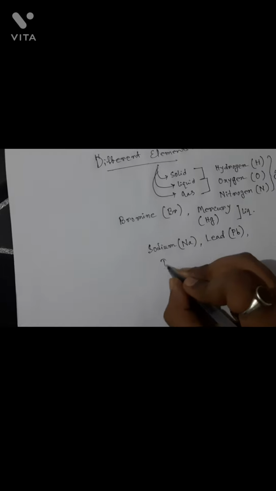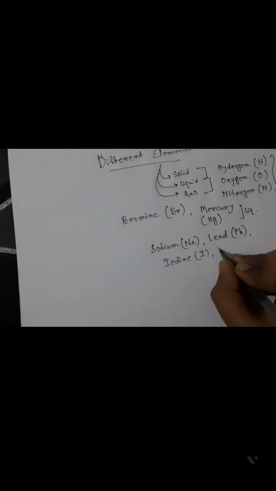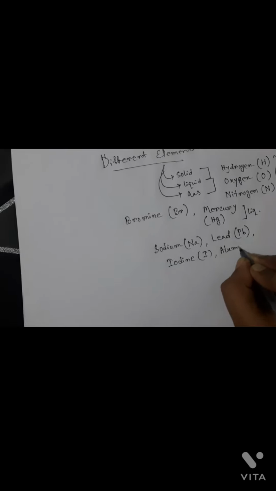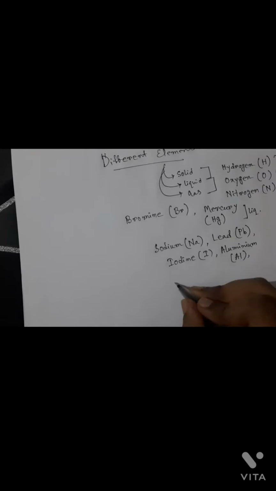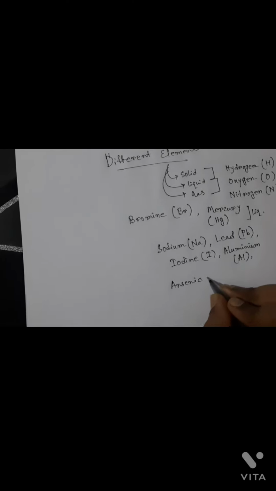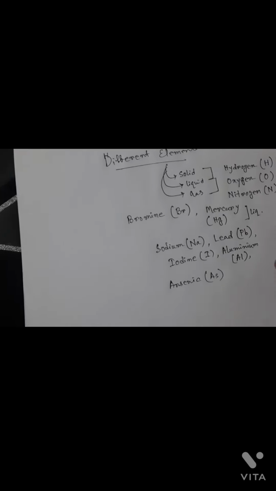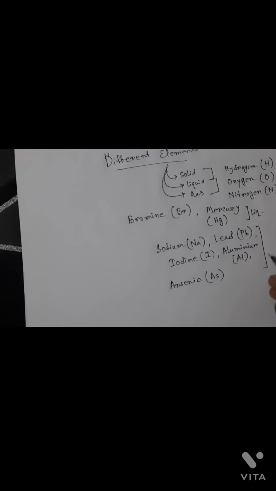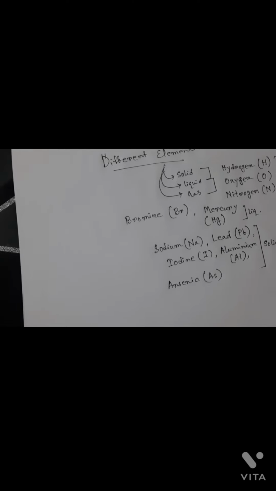The non-metal iodine is represented by I. The metal aluminium is represented by Al. The metalloid arsenic is represented by As, and different other substances are solid at normal temperature. So these are different elements.